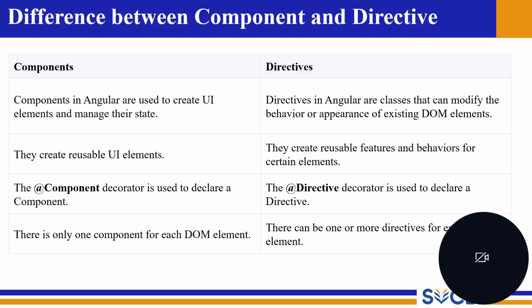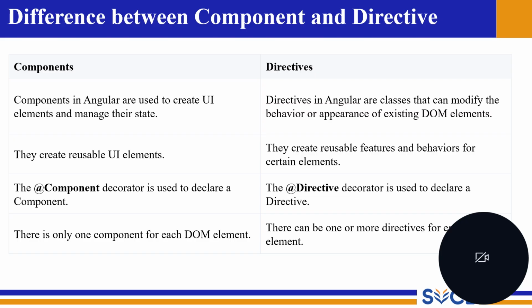So this is the difference between components and directives. Components in Angular are used to create the user interface element and manage the state. Directives in Angular are classes that can modify the behavior or appearance of existing DOM elements. Components create reusable user interface elements. Directives create reusable features and behaviors for certain elements.